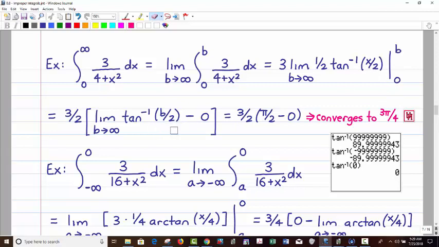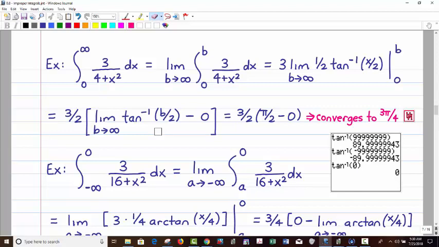Now the interesting part right here. I believe this was talked about way back in the section on inverse trig functions in general. And I'm sure it came up again, I think, in L'Hopital's rule. Maybe it didn't, but I think it did.